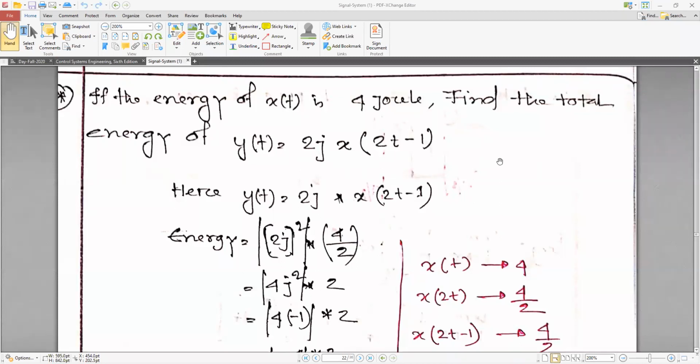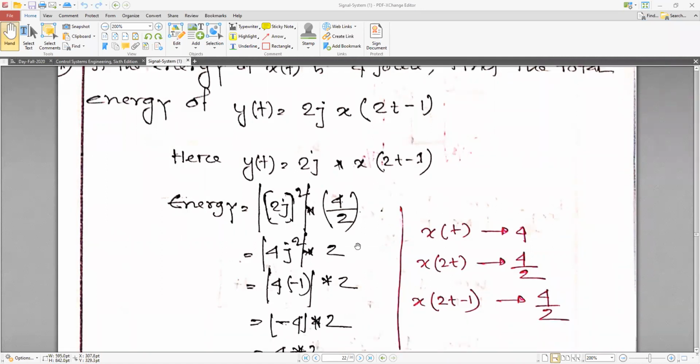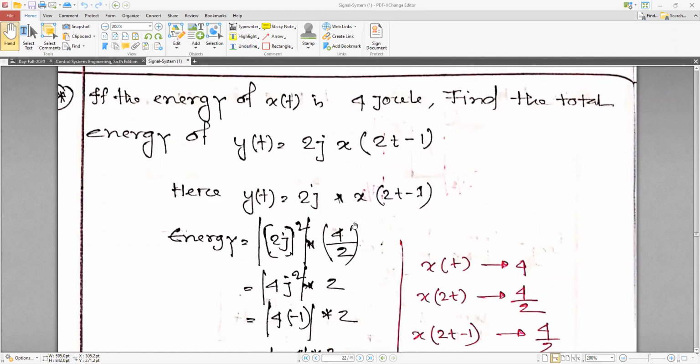See, if the energy of x(t) is 4 joule, here y(t) is equal to 2j into x(2t minus 1). So the energy is (2j) squared into 4 by 2, which is 4 joule. It is 4 joule.